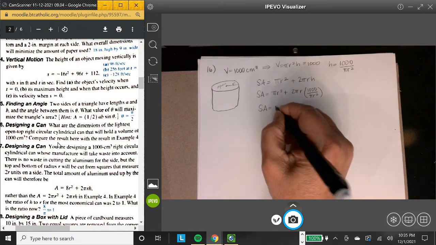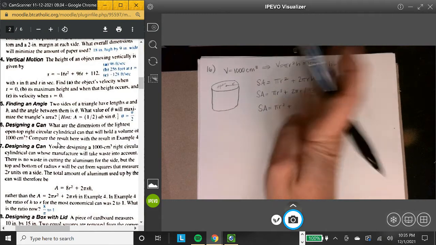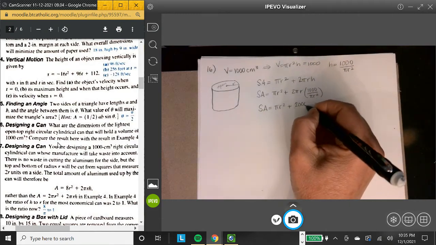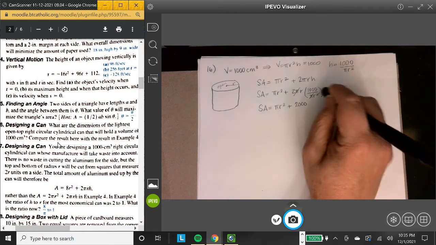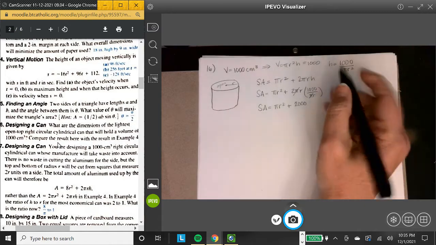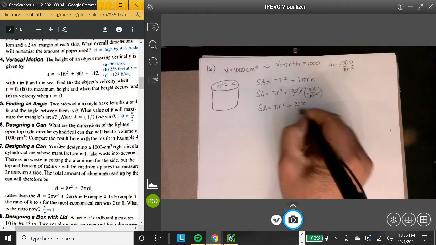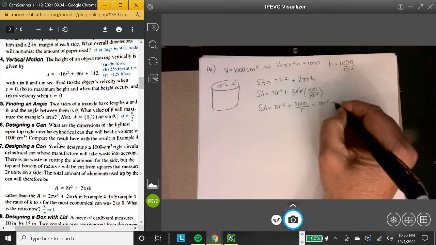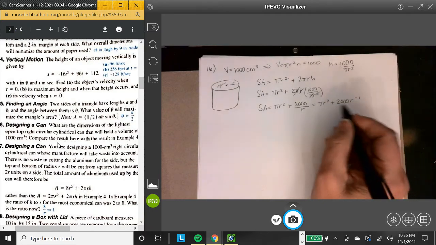Surface area equals pi r squared plus, this is going to be 2,000 pi here. But I can get rid of this pi and this pi. And I can get rid of one of the r's. Okay, so it's going to be 2,000 over r, which equals pi r squared plus 2,000 r to the minus 1. That's what I want to take the derivative of.